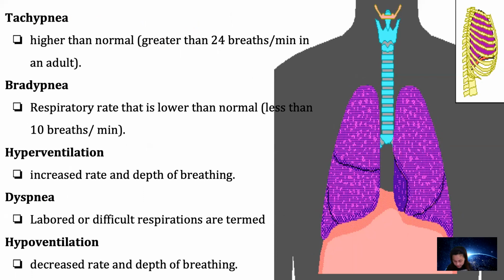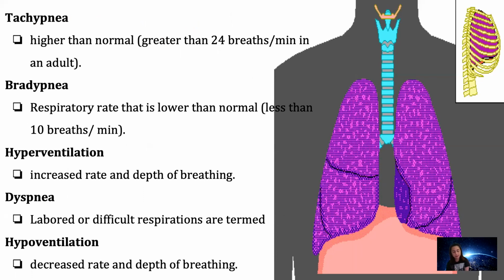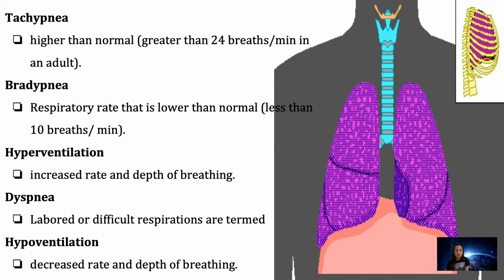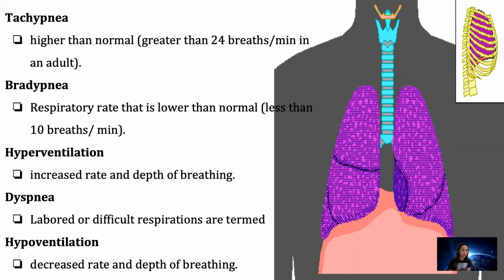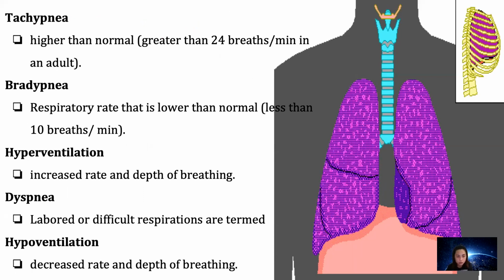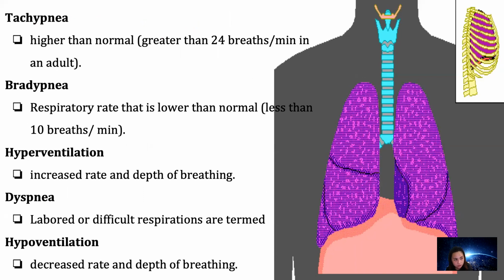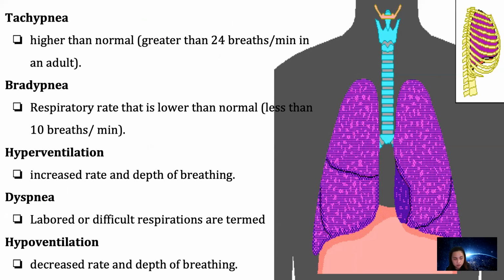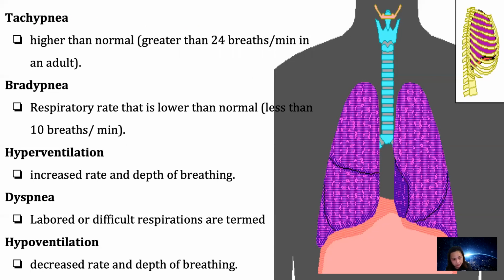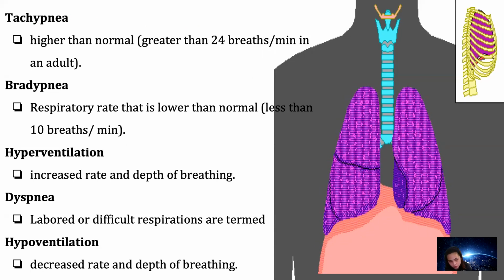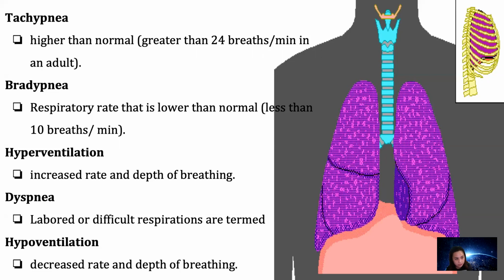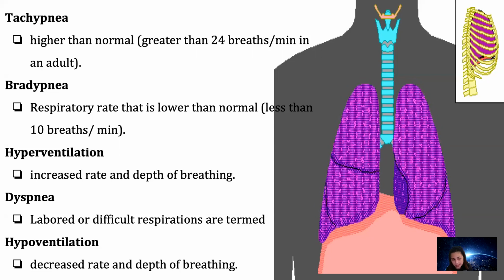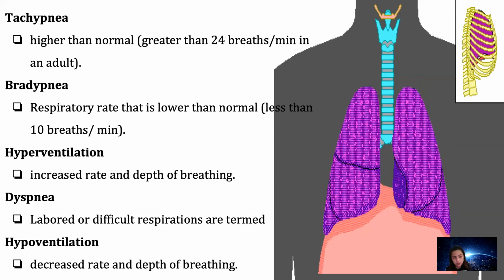So, when we say tachypnea, tachy means rapid, meaning the breathing is higher than normal, which for an adult, 12 to 20, it is higher than that. So, for example, if it is 22, it will be called tachypnea. When you say bradypnea, it is lower than normal.